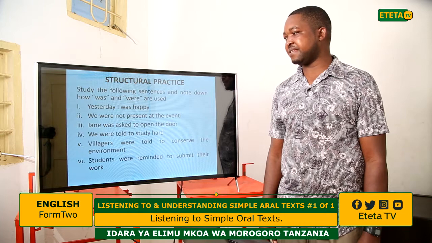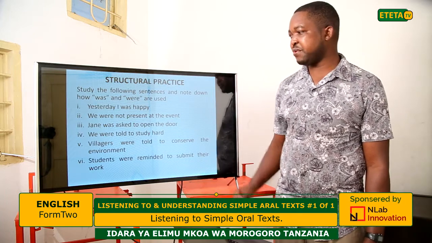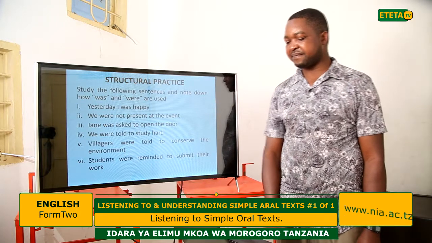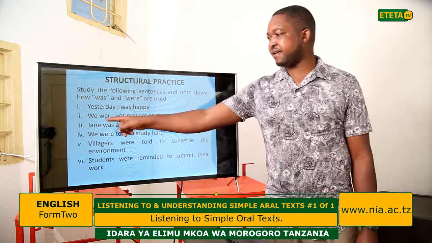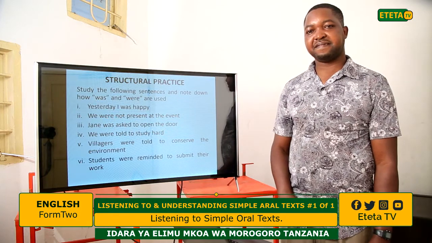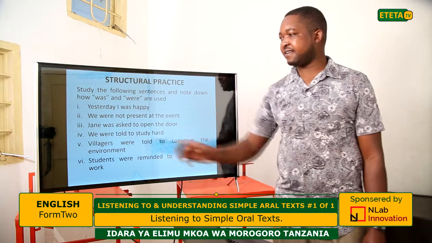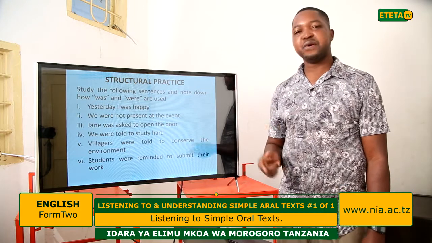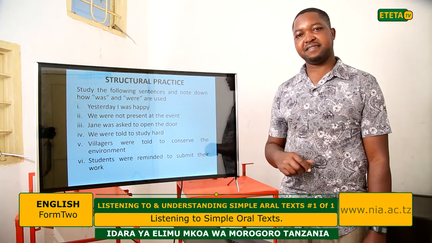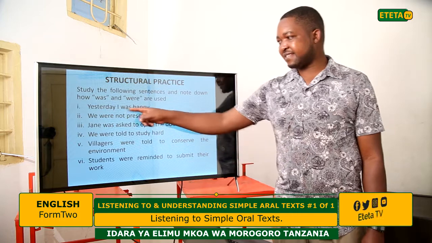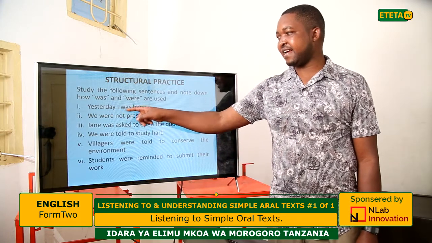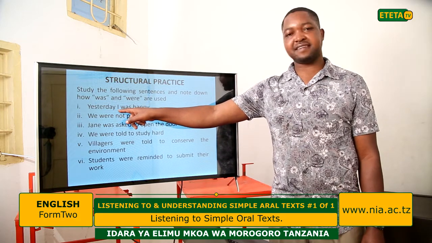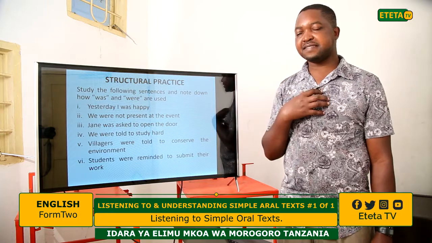Yesterday, I was happy. In Roman 2, we were not present at the event. Take note of the word were. When you go back, we have the pronoun we, which indicates plural. In the first sentence, the pronoun used indicated singular, I, first person singular.